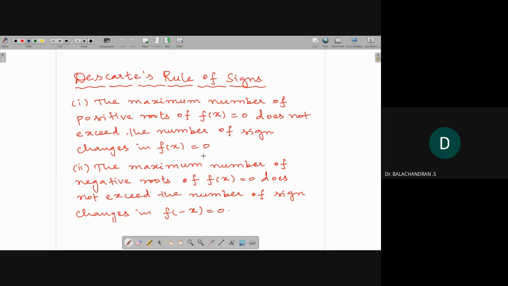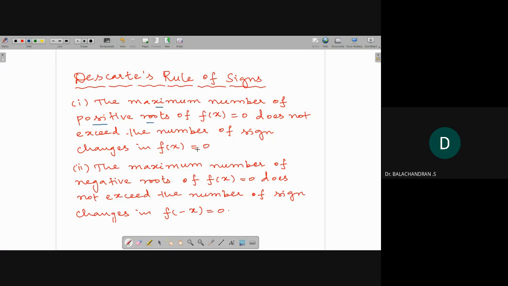Again, I will repeat. The maximum number of positive roots of f of x equal to 0 does not exceed the number of sign changes in f of x.